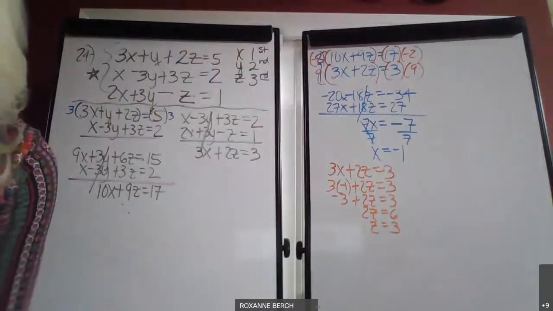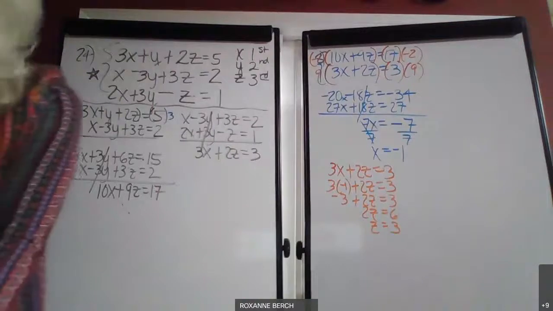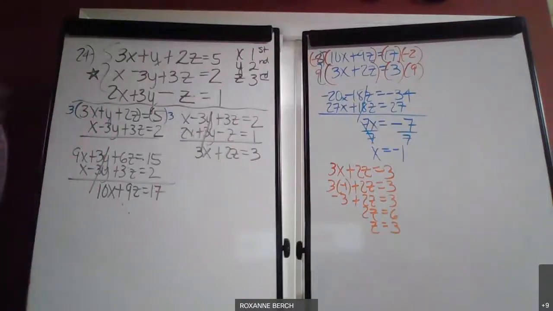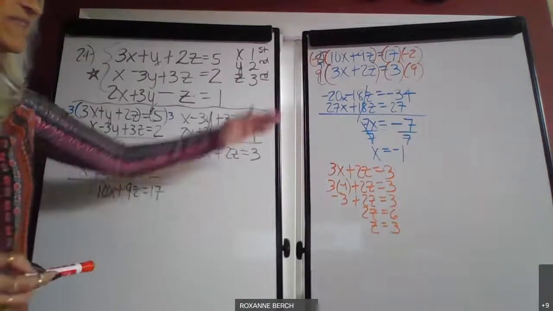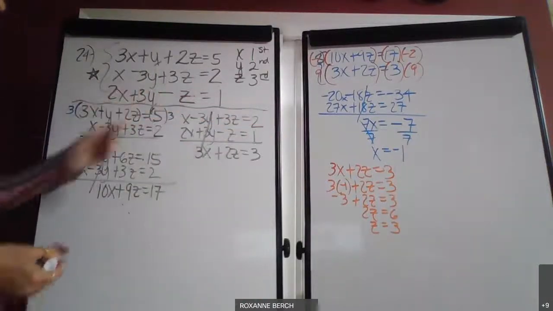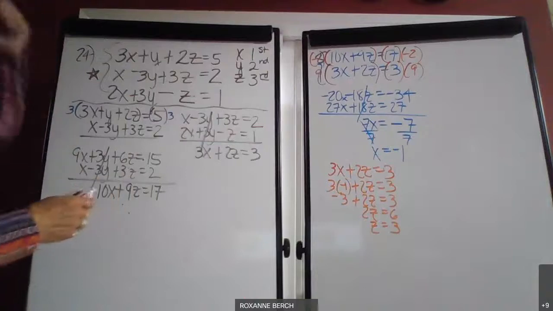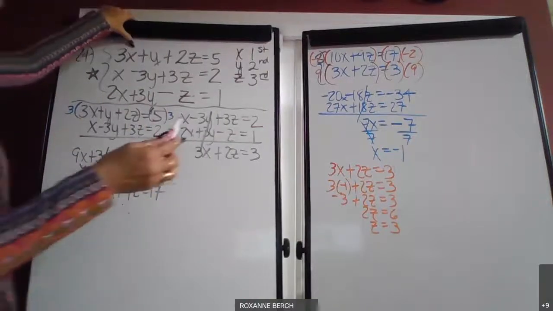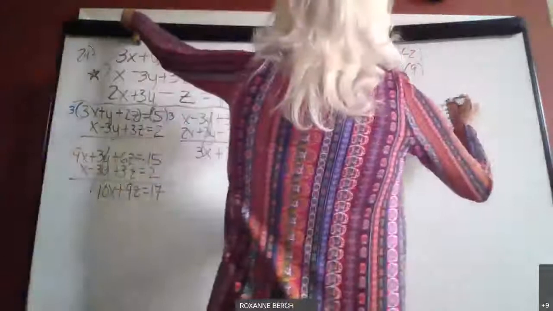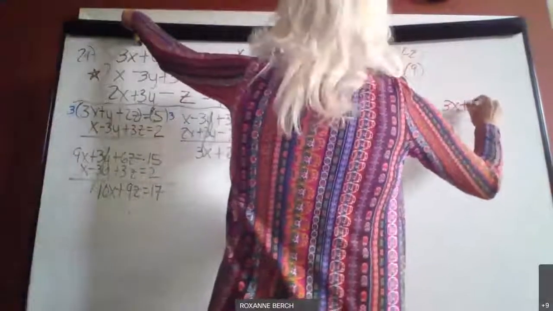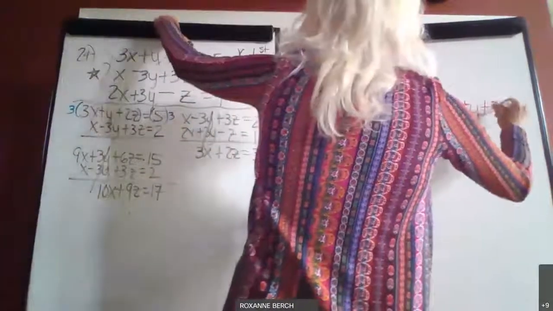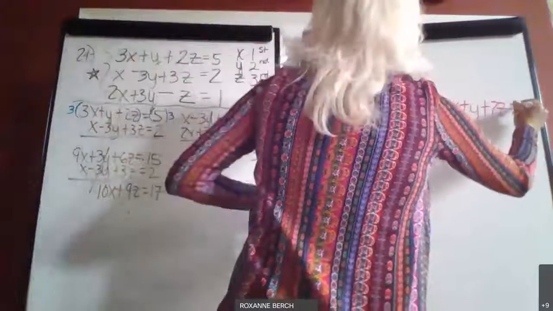And now, if I can find another color marker. Now, to find the last variable, we use one of these. I don't know which one is best, so I'm just going to use the top one. So you have 3x plus y plus 2z equals 5.